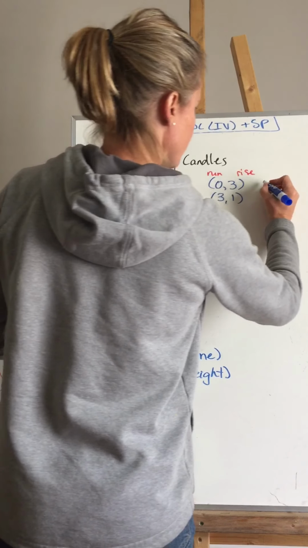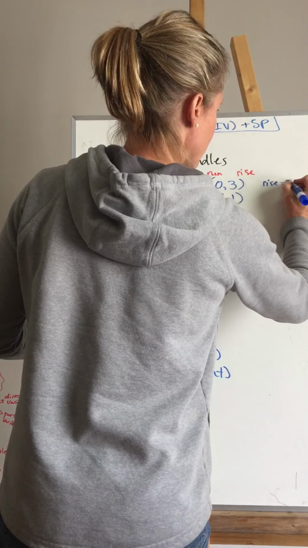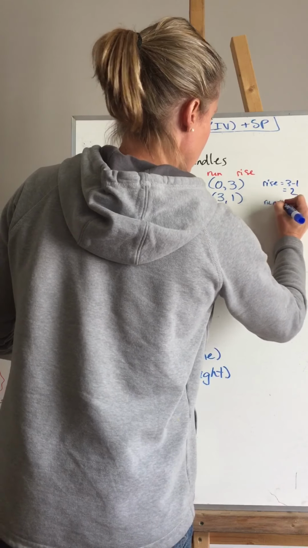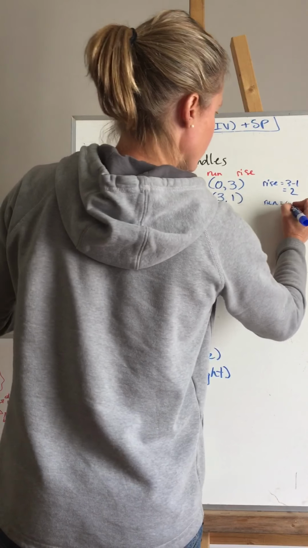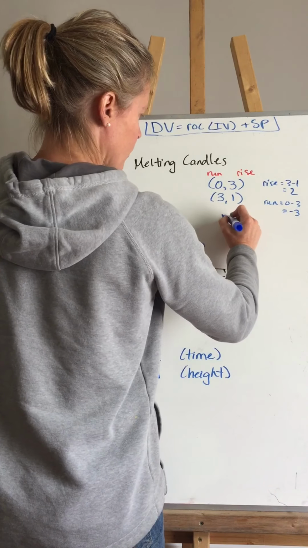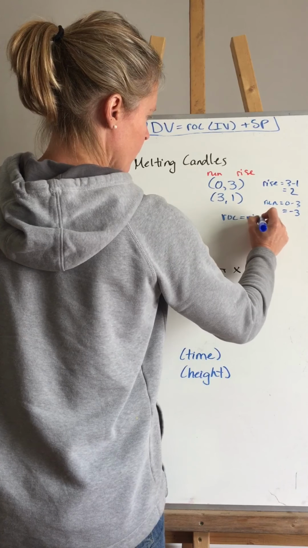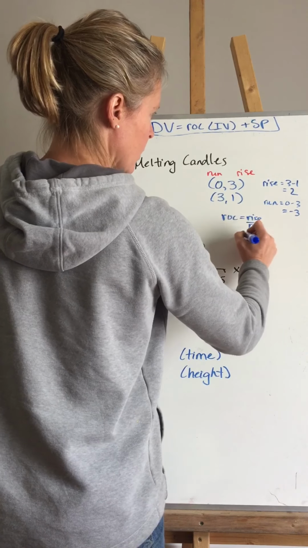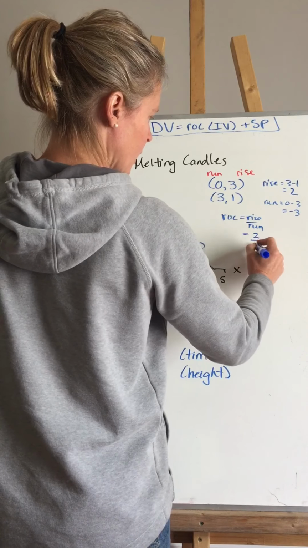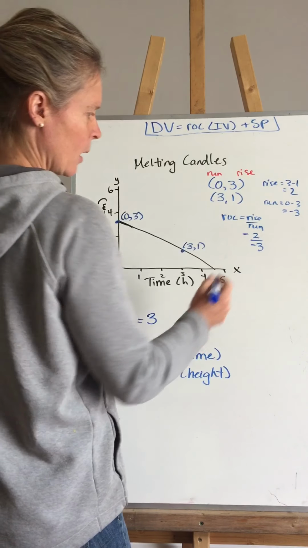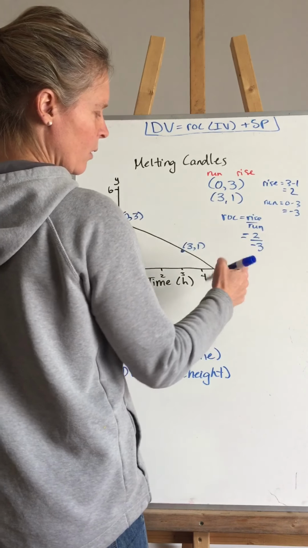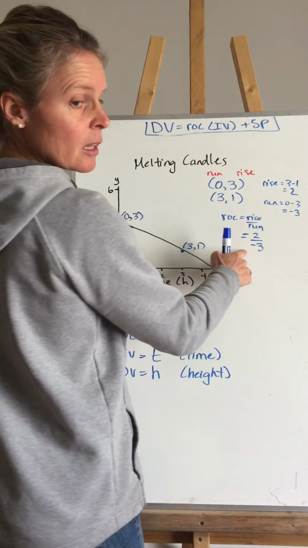My rise is going to be 3 minus 1, which is 2. My run is going to be 0 minus 3, which is negative 3. So my rate of change is the rise divided by the run: 2 divided by negative 3. Be careful that you don't leave out signs, so you get the right sign. My rate of change is negative 2/3.